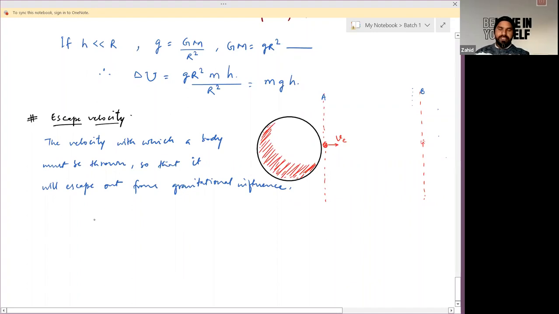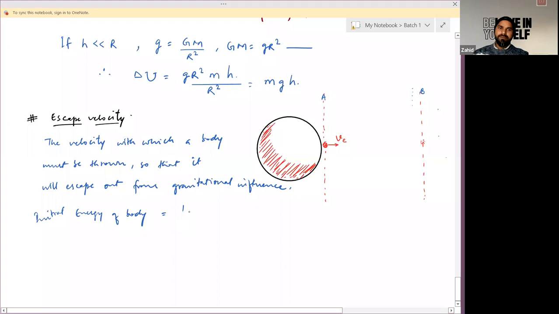So we can define the initial energy. Energy of the body is equal to some potential energy due to its interaction with Earth and some kinetic energy due to its velocity.